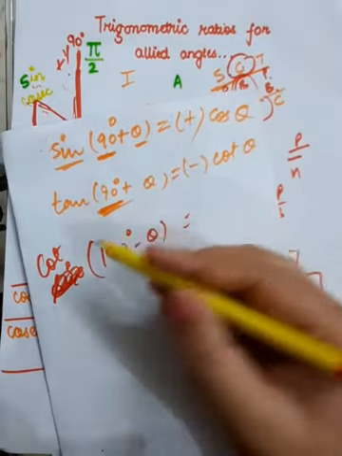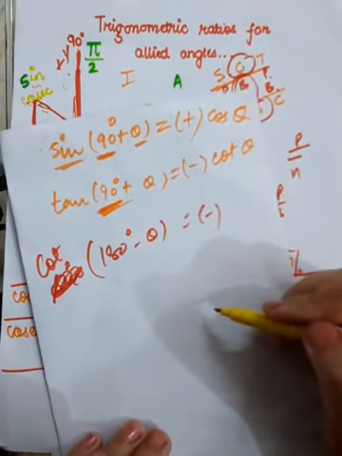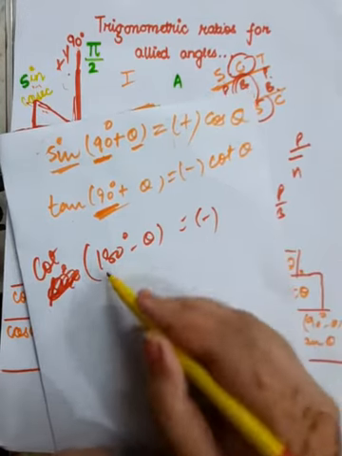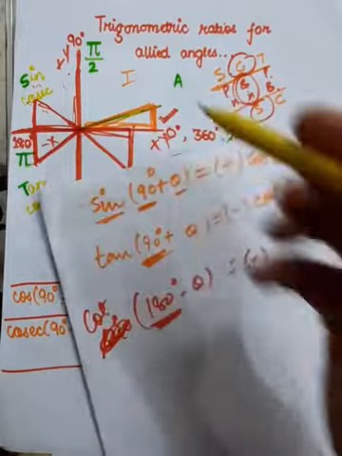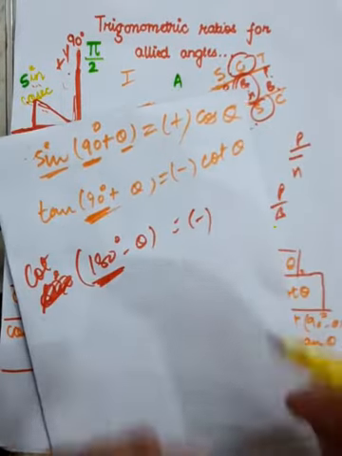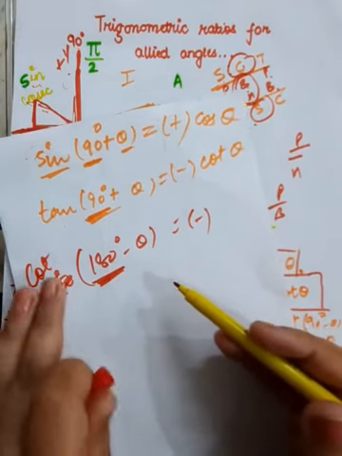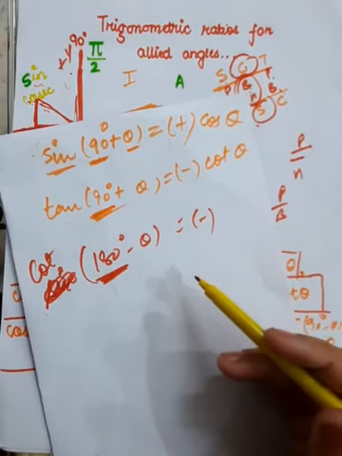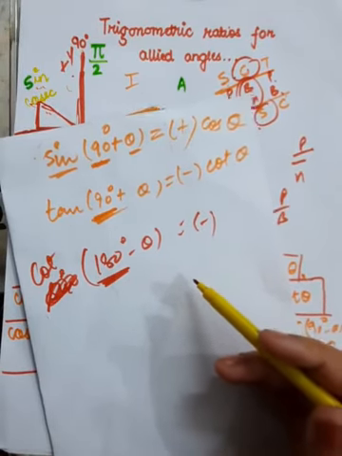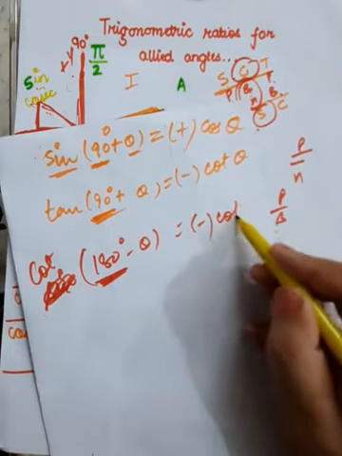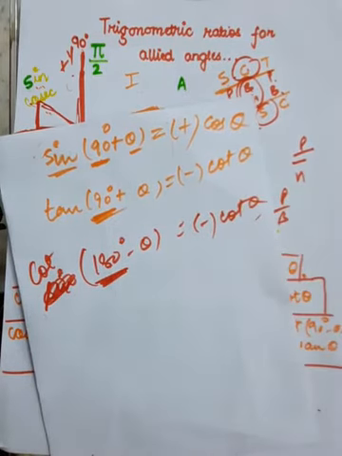So I'll be using the negative sign over here. And after that, are you dealing with vertical line or horizontal line? Of course you're dealing with horizontal line this time, because 180 degree means horizontal line. So cot will remain cot only. Horizontal line says nothing to the T ratio, it does not get changed, whereas the vertical line changes the T ratio. So cot remains cot. So this becomes minus cot theta.